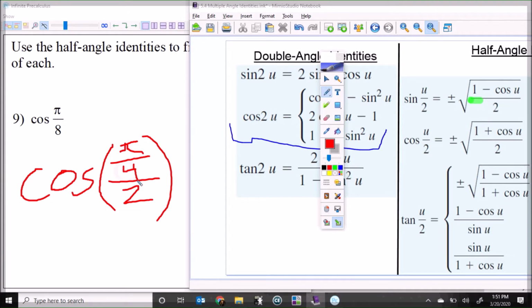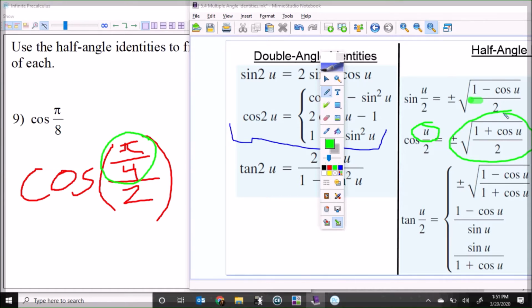So if I do pi over 4 divided by 2, I do in fact get pi over 8. So these two cosines are equivalent. But by doing that, my u is now pi over 4. Pi over 4 is on my unit circle. So that means I can use this right here.